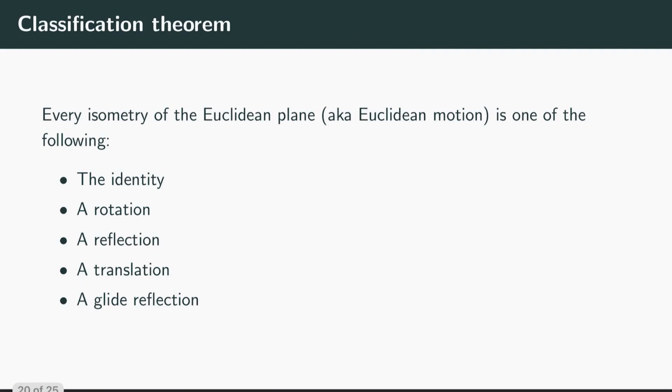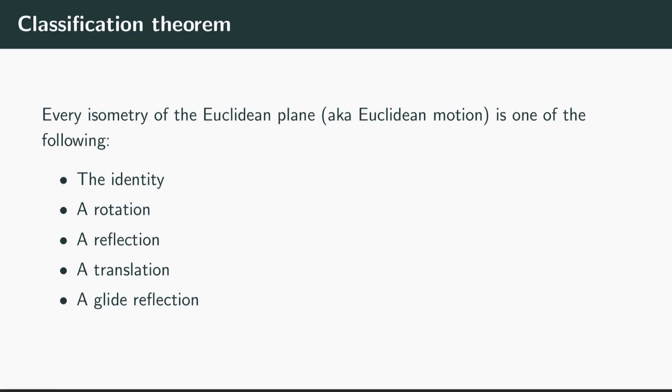Okay, now that we have a glide reflection, we have this beautiful classification theorem of all of the Euclidean isometries. And I should mention, in the literature, an isometry of the Euclidean plane is also often called a Euclidean motion. So the theorem is that every Euclidean motion, or every isometry of the Euclidean plane, is one of the following items.